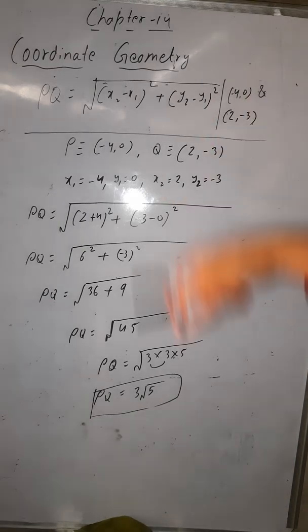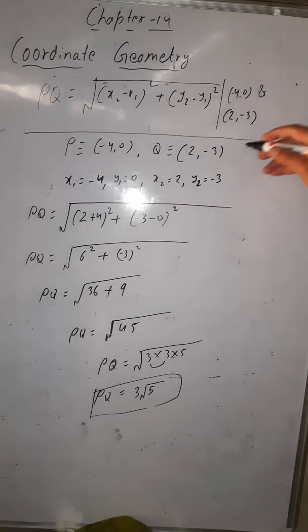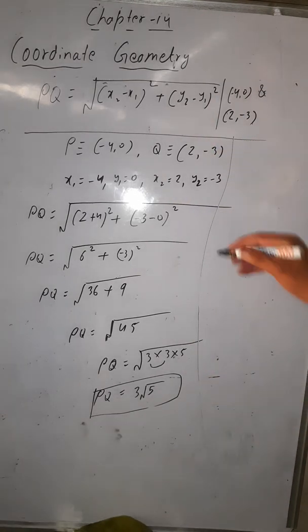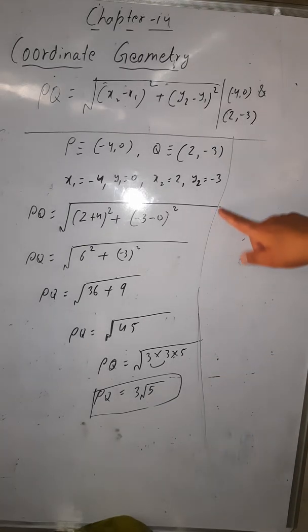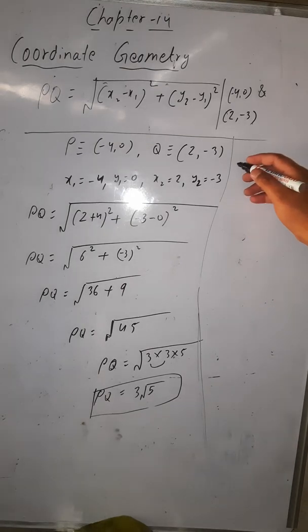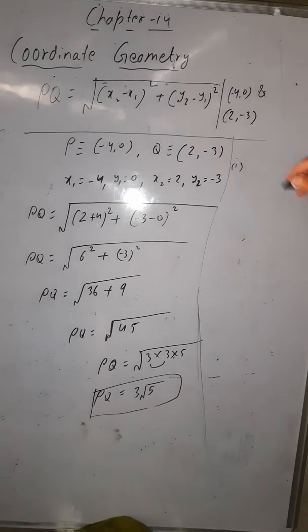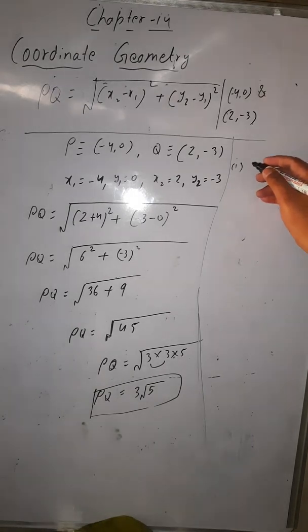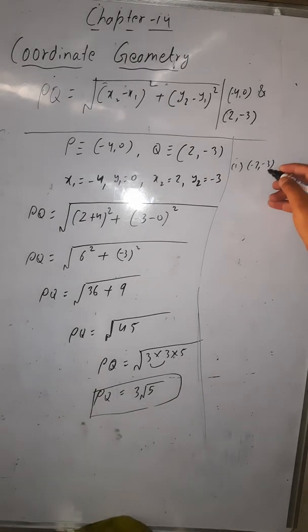Okay. Write it. Some other example I am giving you for your homework. Okay. Write down. Find the distance between 2 points. Some points I am giving now. Number 1. Is it visible? Yes. Minus 7, minus 3, minus 2, minus 8.